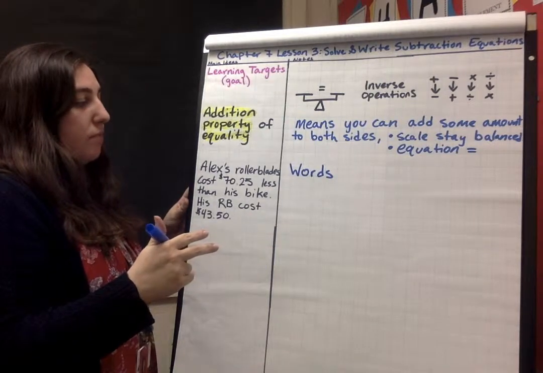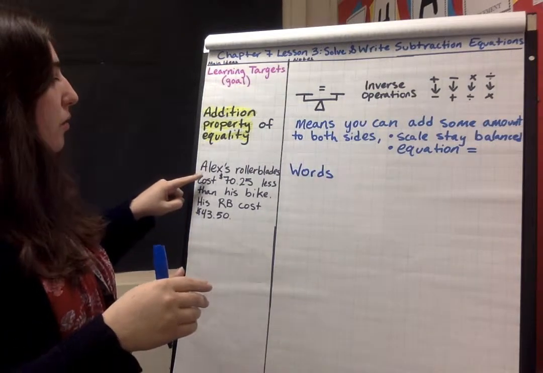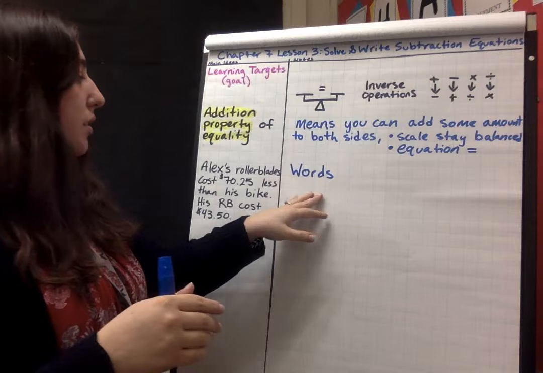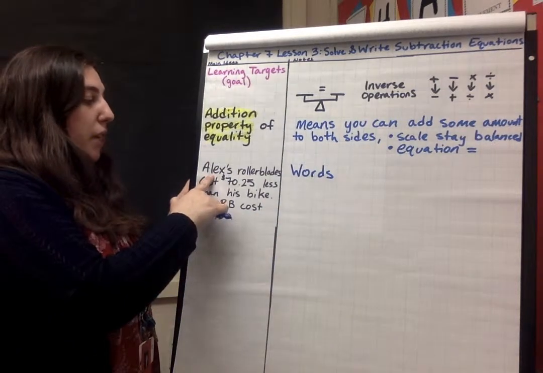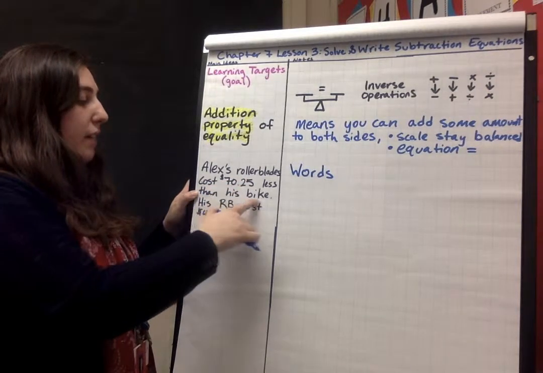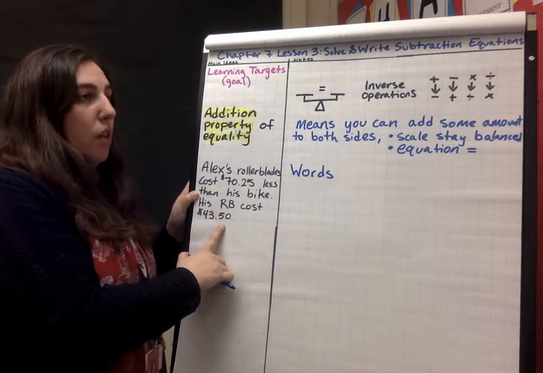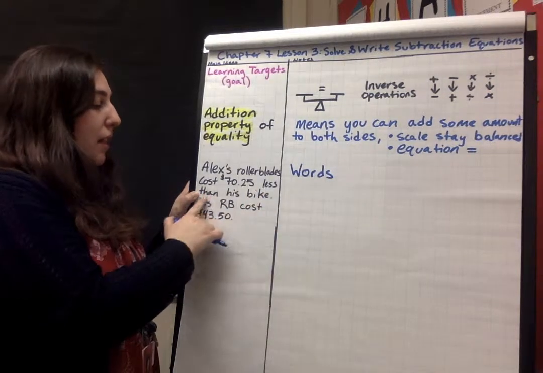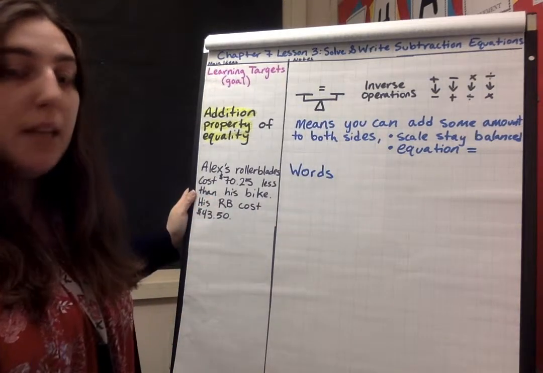So we are going to look at some key words. And the key words here, let's reread it. Alex's rollerblades cost $70.25 less than his bike. His rollerblades cost $43.50. So one key word I see there is less than. We learned in chapter 6 that less than means minus.